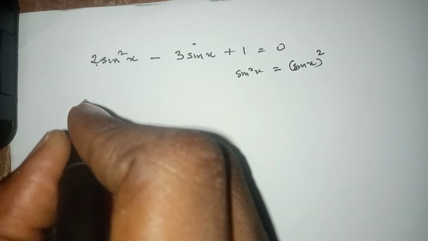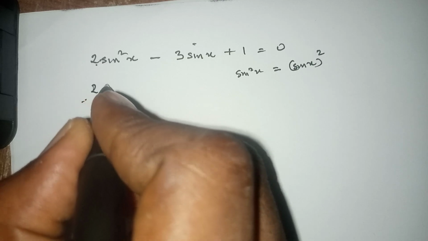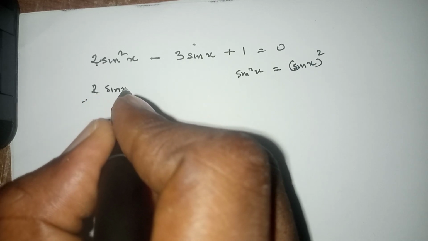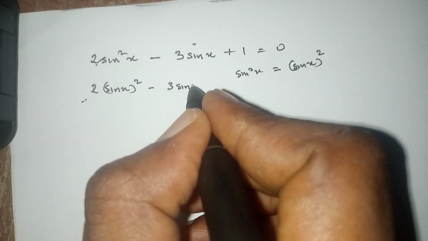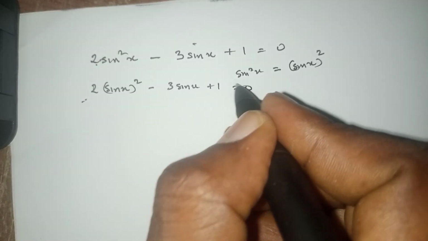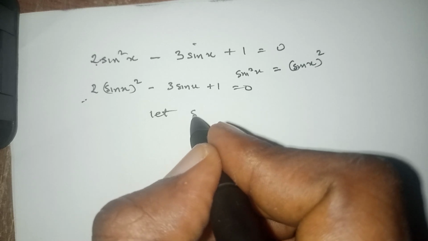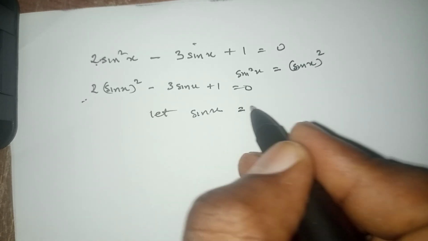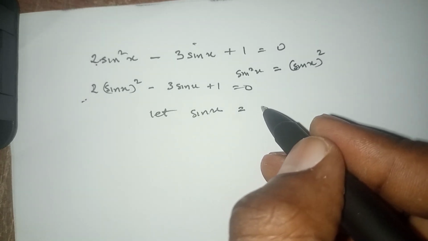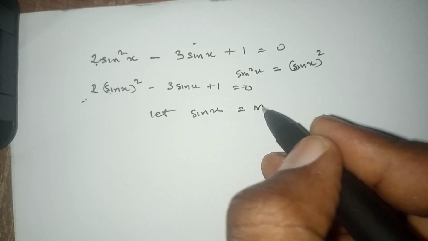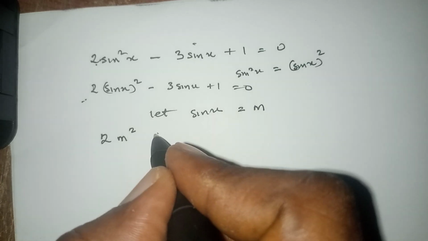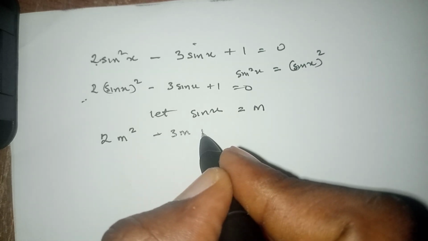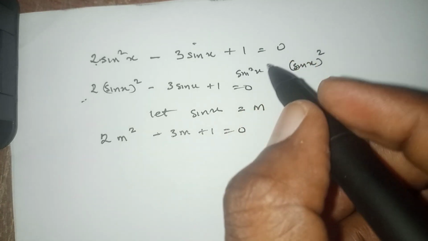So this is 2 sine x all squared minus 3 sine x plus 1 equals 0. So let sine x equal, use any letter of your choice, I'm using m. So this is 2m squared minus 3m plus 1 equals 0.